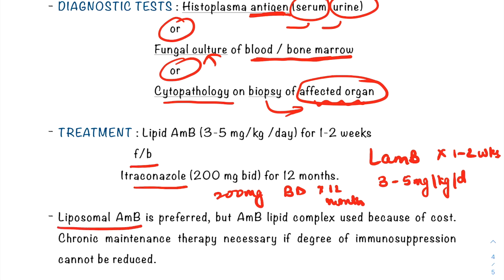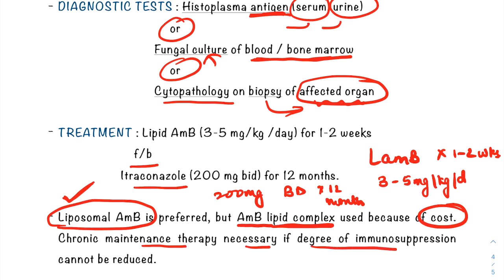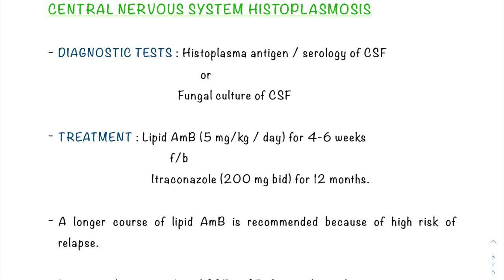Now, since the liposomal amphotericin B is really costly, so we usually use the amphotericin B lipid complex instead of the liposomal amphotericin B. But if you ask that what is preferred, then the preferred type of amphotericin B preparation is the liposomal amphotericin B. Chronic maintenance therapy is necessary if the degree of immunosuppression cannot be reduced.